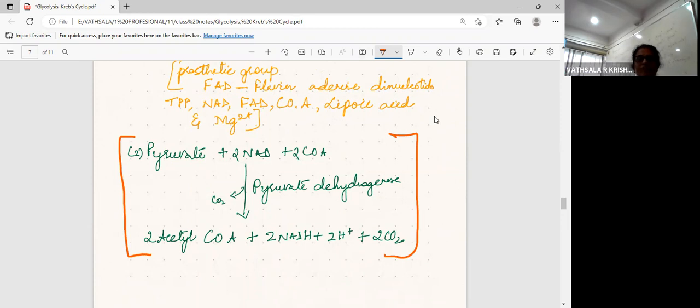This you remember: pyruvate plus NAD plus CoA, with the removal of CO2 by pyruvate dehydrogenase, gives acetyl-CoA plus NADH plus hydrogen ion and CO2. For 2 pyruvate, you get 2 acetyl-CoA plus 2 NADH plus hydrogen ion and CO2. Is that clear?